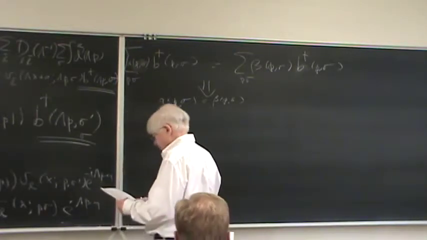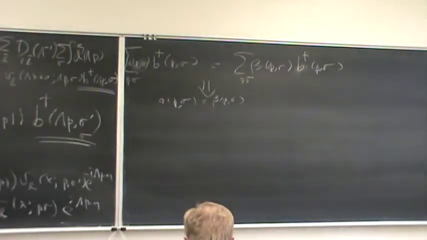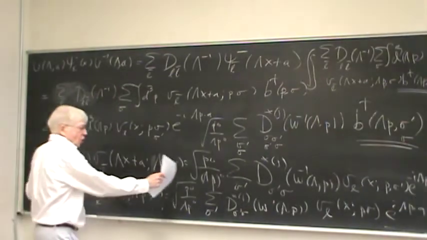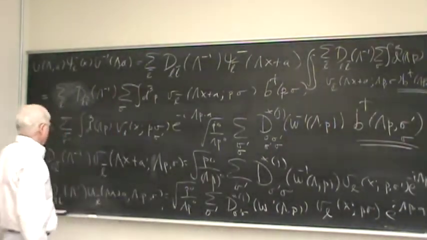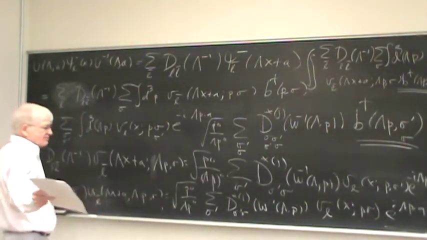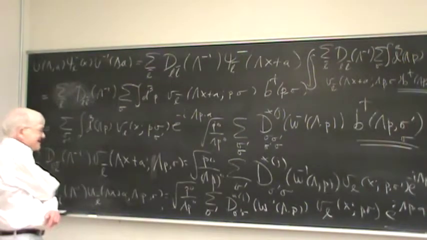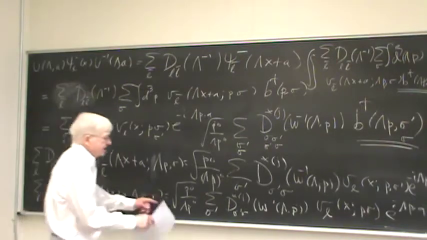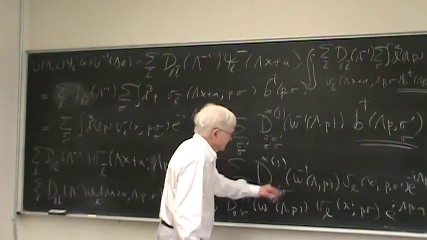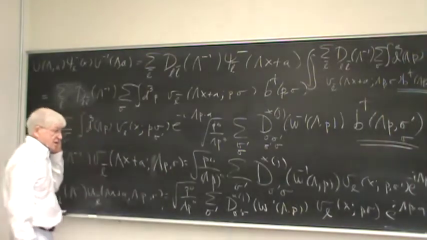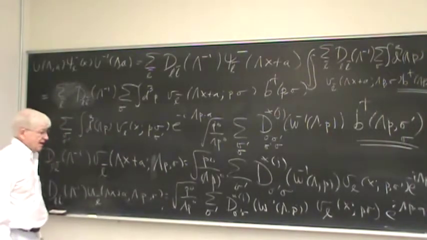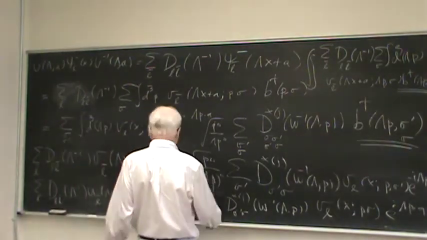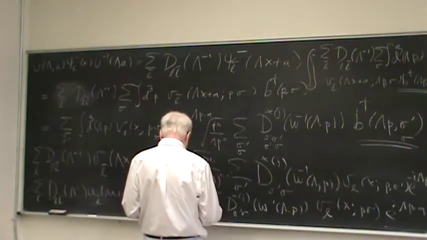Okay, but we're not really done yet. Weinberg does one more thing, namely, this is sort of an awkward form. What we want to do is multiply both sides by d of lambda and d super j of w. Wait, I don't think we want a star on both of these.